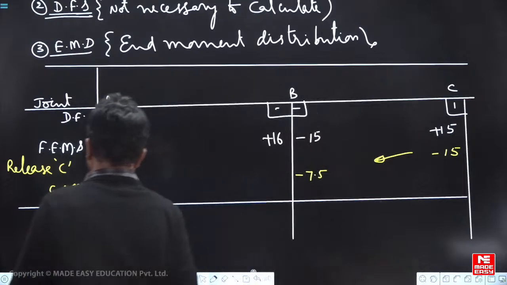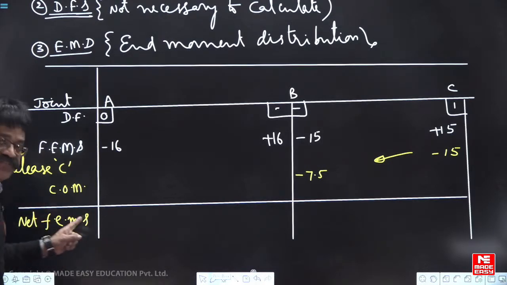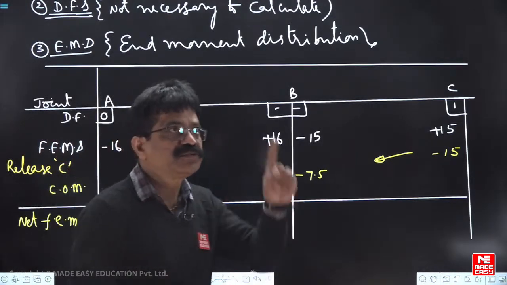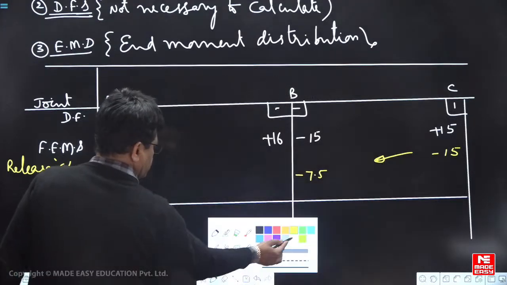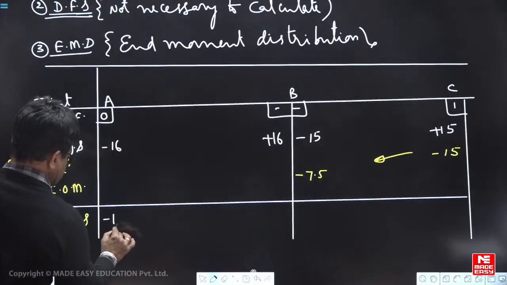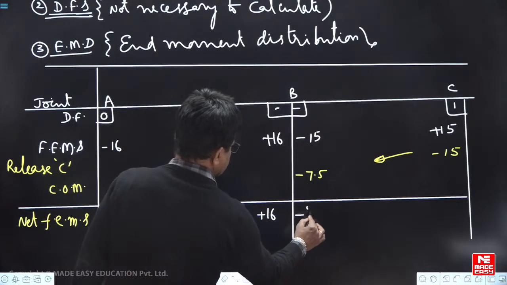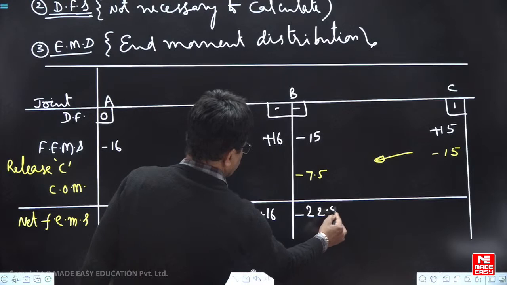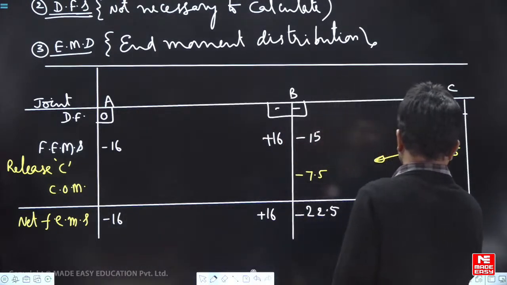Now you will get net fixed end moments. Net fixed end moments necessary to lock all the joints to make the slopes 0. Here you are getting minus 16, plus 16 minus 22.5, 0.